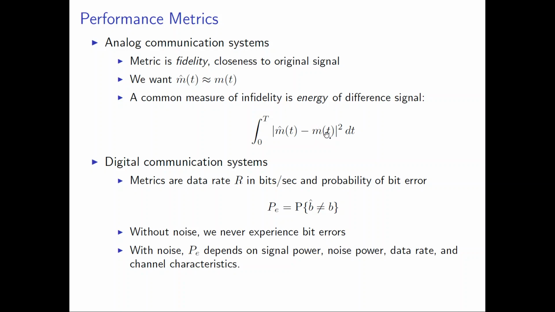So m(t) is the message you transmit at the transmitter. It's not affected by noise, not affected by the channel. m hat of t is the signal you receive at the receiver after passing through the channel and noise. So what I do, I just subtract what I receive from what you transmitted, take the amplitude value, square it, and integrate it over time to get the energy of the difference signal.